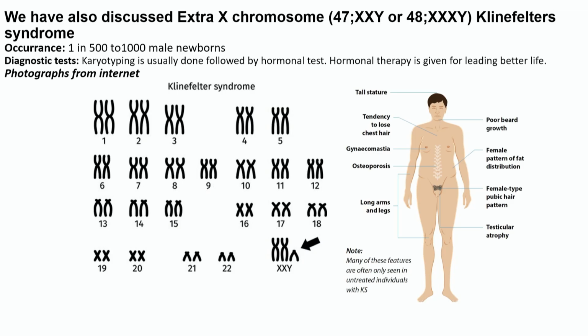The main features are a mongoloid face, that is a round face, the epicanthal fold, that is a fold on the eyes, and the single palmar crease, that is one crease, not like the creases we have.